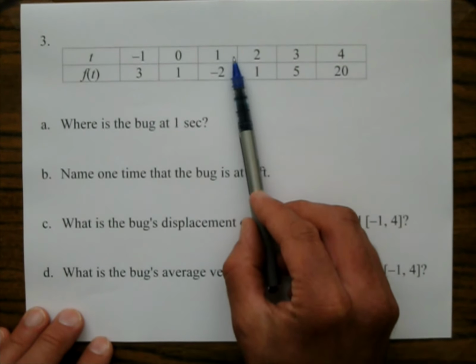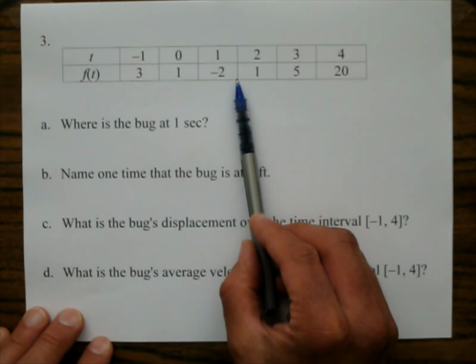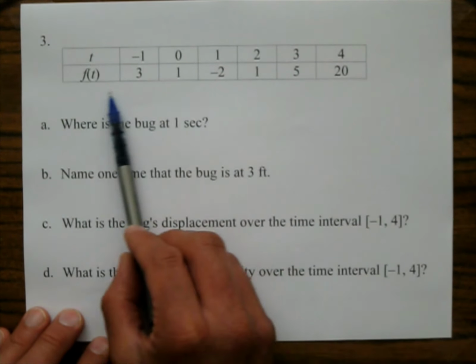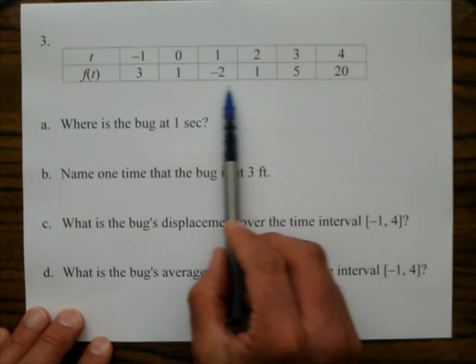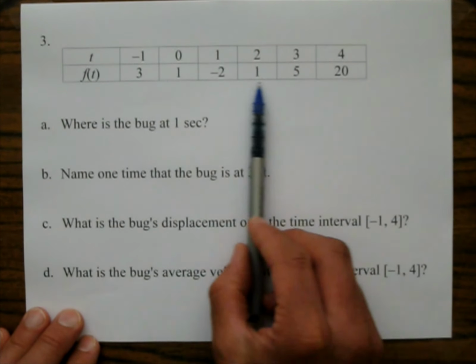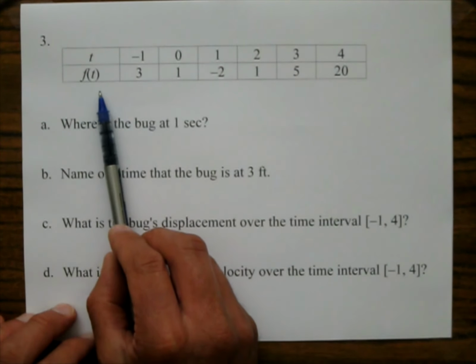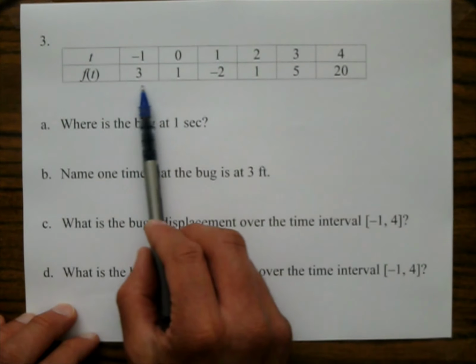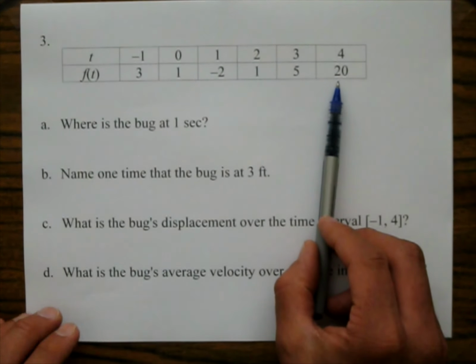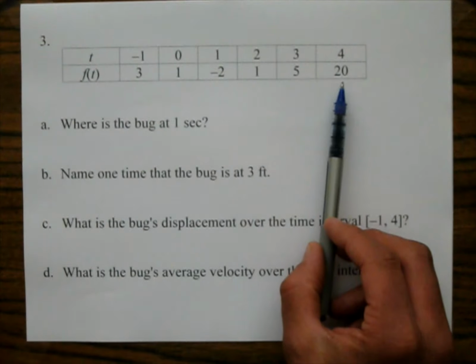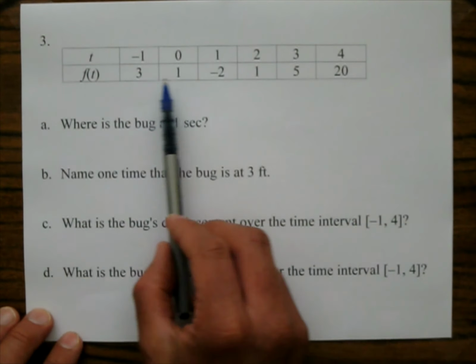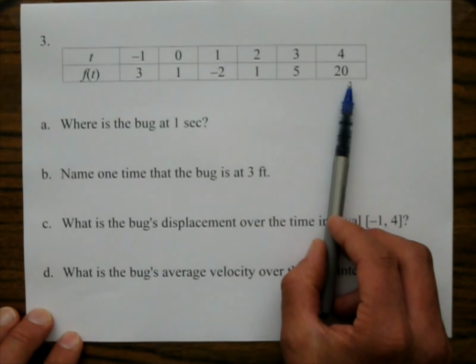But at 1.5 seconds, we don't know where the bug was. Now, you might say, well, this is a dumb problem, but more often in the real world, we are given data points and we don't have all the points, and sometimes we have to kind of connect them together, and that's another class. But this is what we have.